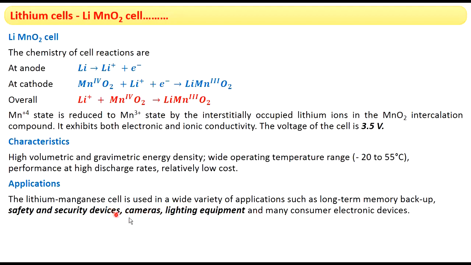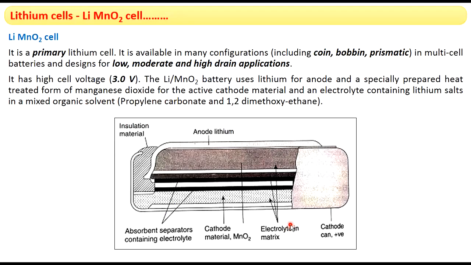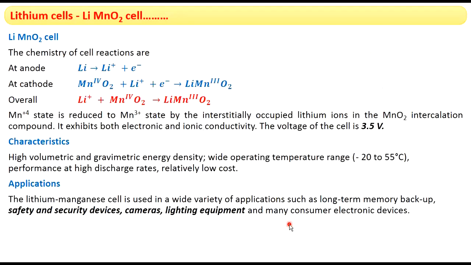Then some cameras use lithium batteries, lighting equipment, and many other consumer electronic devices use lithium MnO2 batteries. This is about the construction, working, advantages and applications of lithium MnO2 batteries.